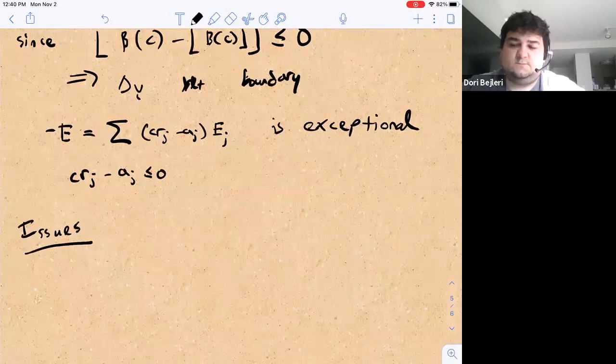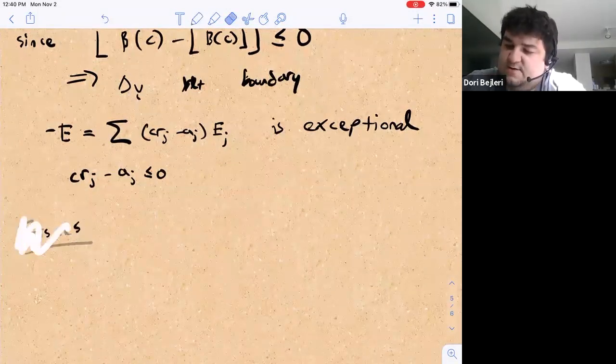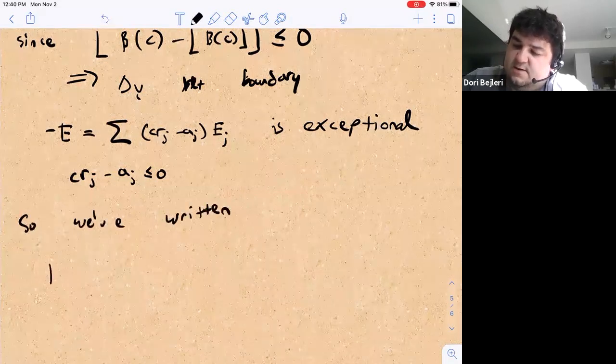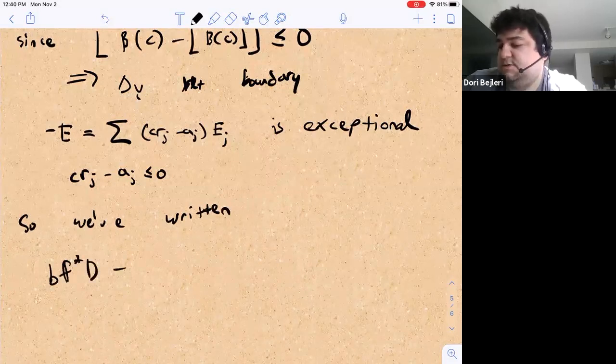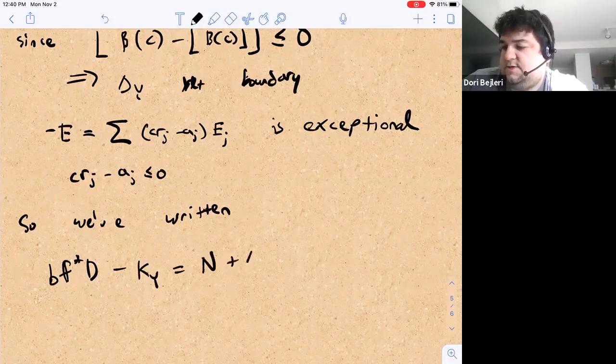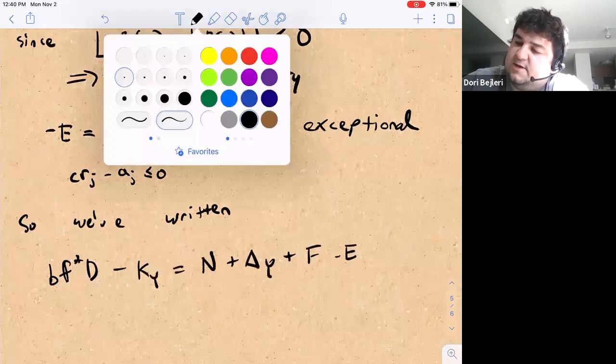Well, okay, let me actually just rewrite what we just said. So now we've written b f upper star d minus ky as n plus delta y plus f minus e, where n is big enough.